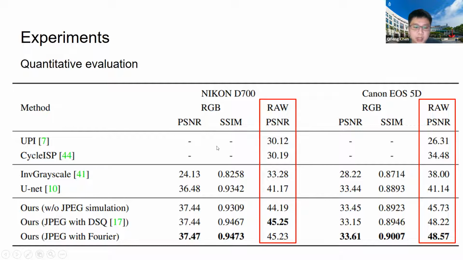For the RGB image, we get PSNR around 37 for the Nikon camera, and for the Canon camera it's 33. For the raw data, the PSNR is 45 or 48. There is always a trade-off between the quality of the RGB image and the raw data reconstruction. I think the trade-off would depend on the actual application.